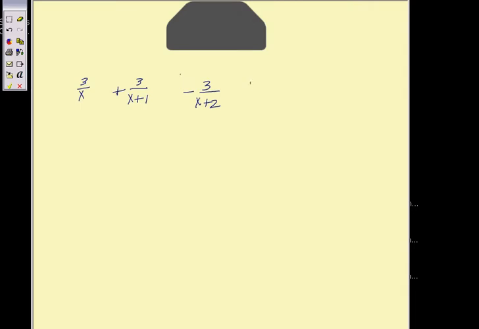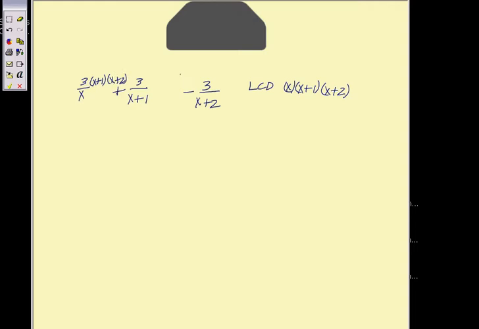First, we want to recognize our LCD here. It's just going to be x times x plus 1 times x plus 2. Looking at each term, I'm going to multiply each term by whichever portion of the LCD is missing. In other words, this first part, I'm going to multiply by x plus 1, x plus 2.